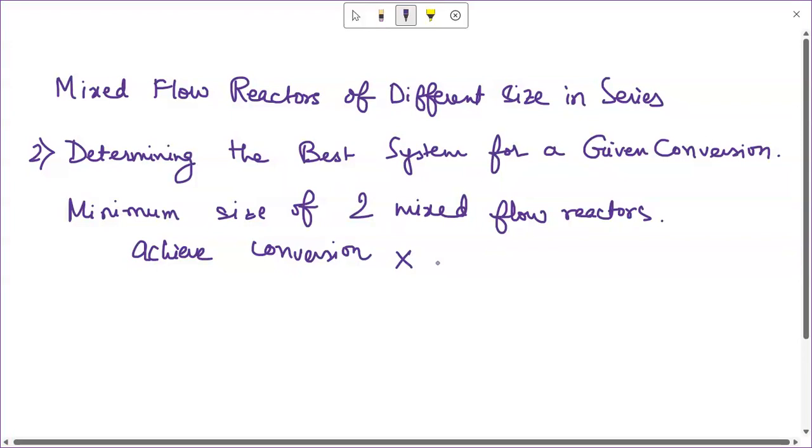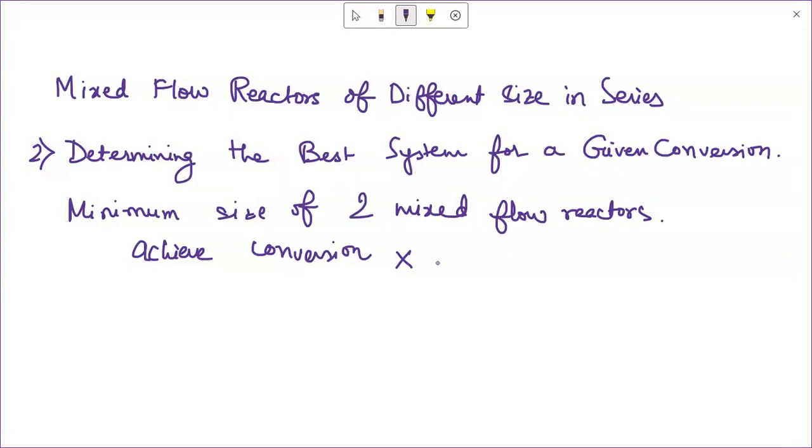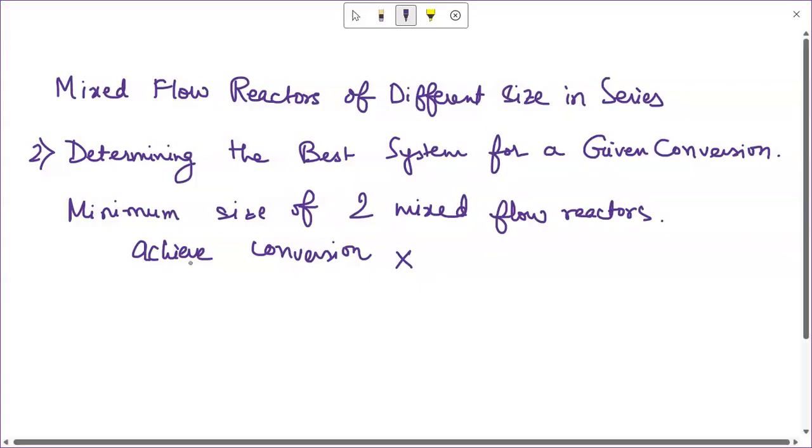Once again, like I have said previously, the first thing that we need to keep in mind is the design equation. So I'm just going to write the design equations for the mixed flow reactors. V by Fa naught, where V is the volume of the reactor, Fa naught is the initial molar feed rate, equals tau by Ca naught, where tau is the space time, Ca naught is the initial concentration, equals Xa by minus Ra.